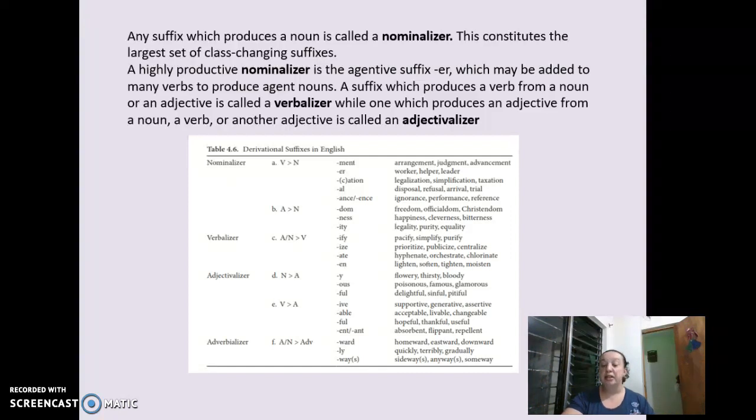And one that makes an adjective from a noun is an adjectivalizer. In the table, for example, nominalizer: -ment, arrangement, judgment, advancement; verbalizer: -ify, pacify, simplify; adjectivalizer: -y, flowery, twisty, bloody; and the adverbializer.